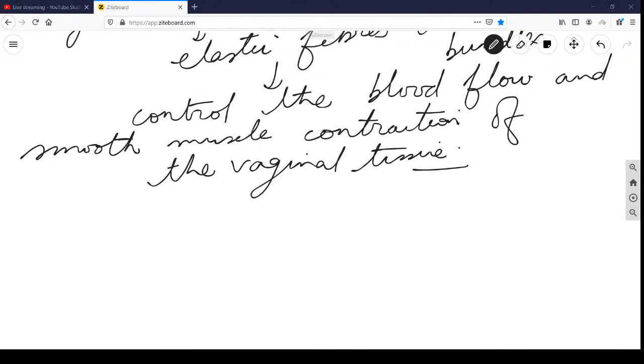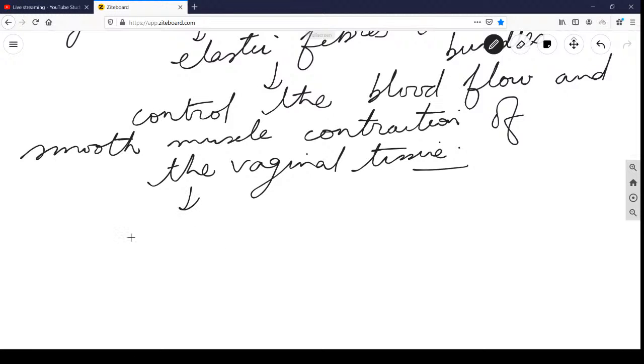Now, when we talk about the vaginal environment, the vagina is the natural home for several microorganisms. Some of these could be bacteria, fungi, and protozoa, which play pivotal roles in maintaining the vaginal environment.